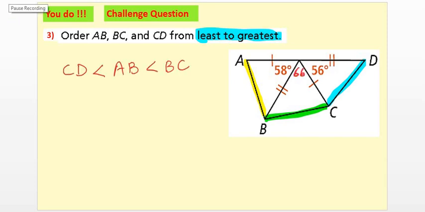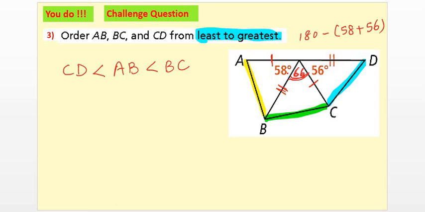Here is the answer. We can apply the Hinge theorem to compare any two triangles, because clearly we can see that whenever we want to compare any two triangles, we have this case like this side is equal to this one and this side is equal to this one. And when we found the third angle, because this is a straight line, so this angle is 180, and you will subtract from it the sum of 58 and 56, so it will give you 66 degrees.